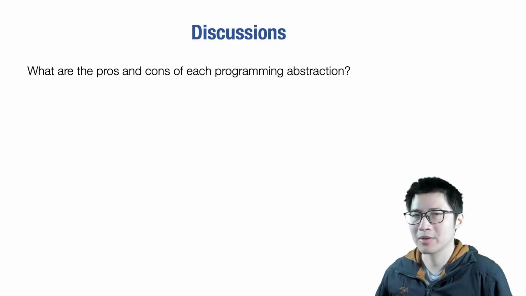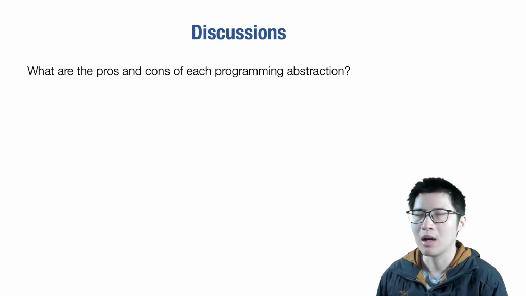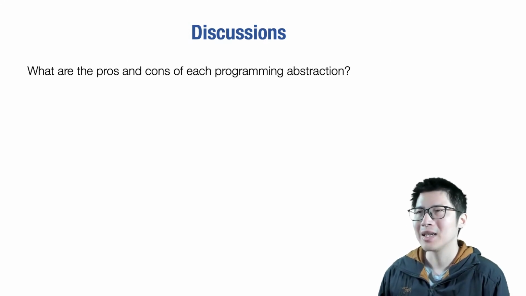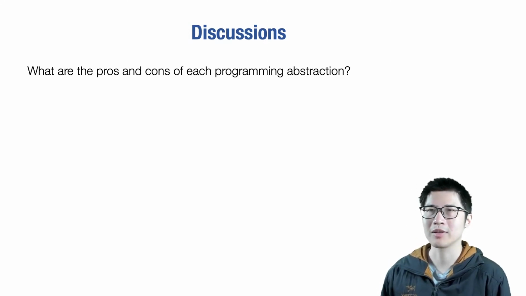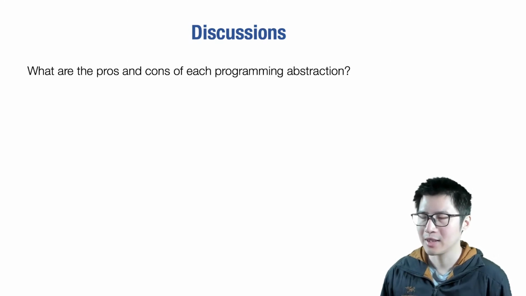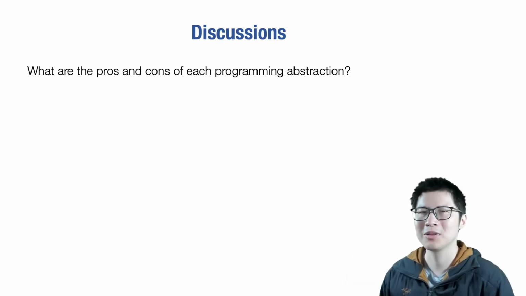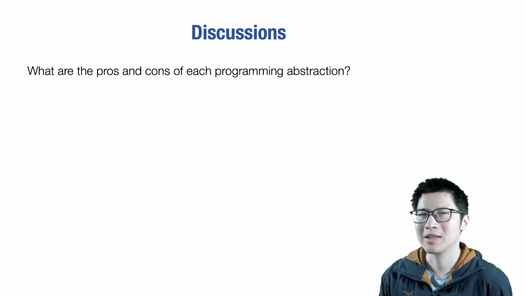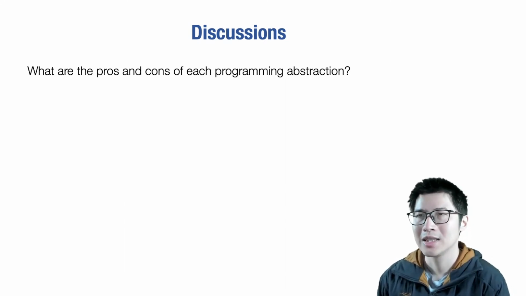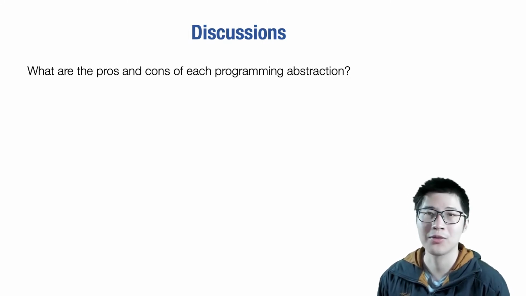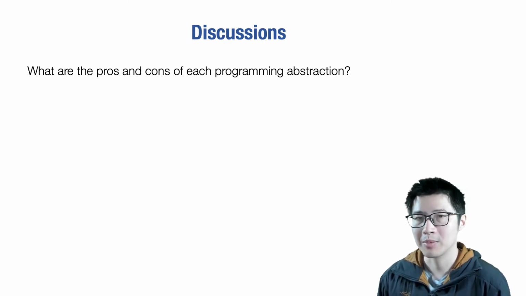We have discussed their pros and cons, but it will be useful for all of us to take a moment, pause, and think about the pros and cons of each programming abstraction. Imagine you fly back to 2013, when there were not yet a lot of choices for deep learning frameworks.